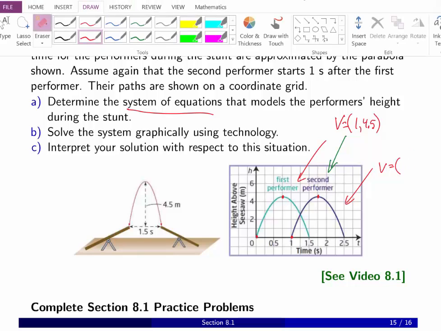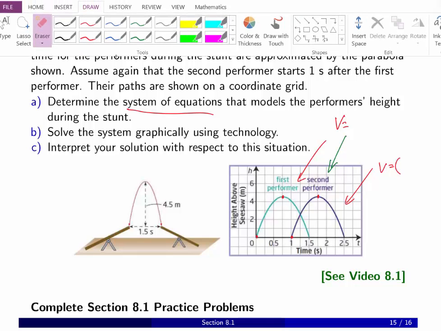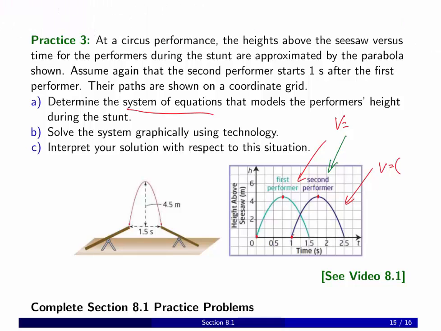It's going to be an awkward number. It's going to be 1.75, right? Because 1's right here, 1.75. So this is 1.75 and 4.5.